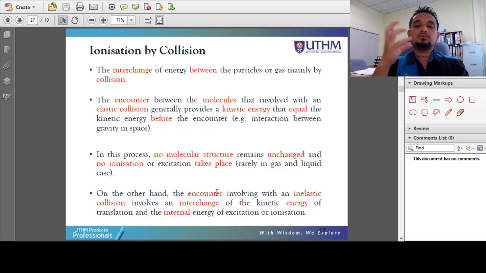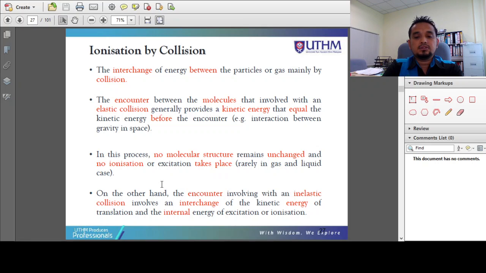The electron will gain more and more energy, until after several times it may have enough energy to escape from the atom or molecule.